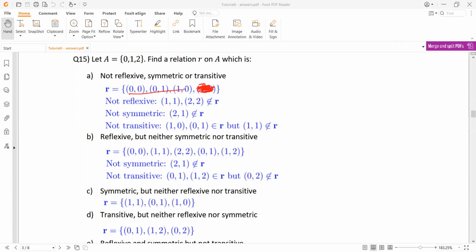So this relation is not reflexive, but symmetric and transitive. Because here, 0 is 1 and 1 is 0, it gives 0 is 0, which already exists, okay?